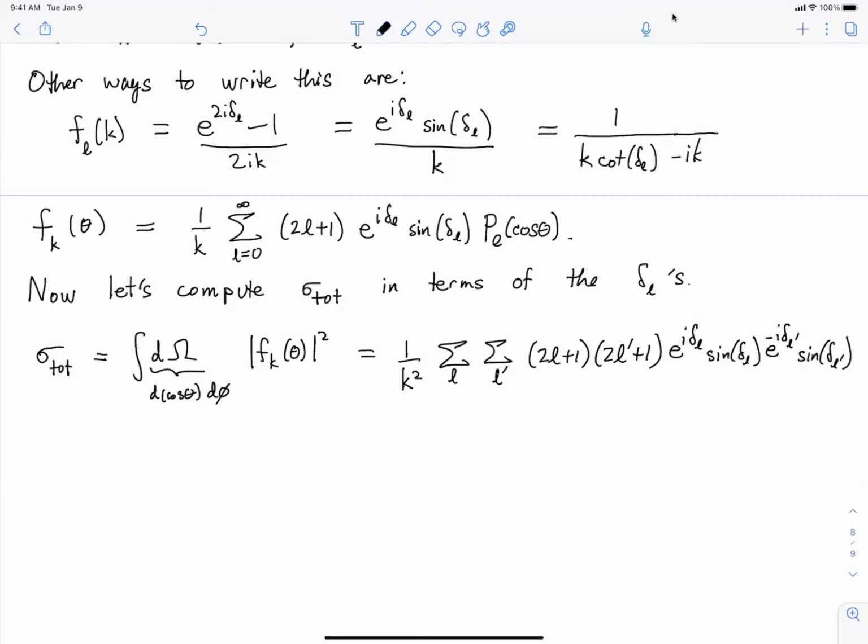Okay, and then I have to do my integrals: 0 to 2 pi d phi, minus 1 to 1 d cosine theta. And the only parts of these things that depend on the angles are the Legendre polynomials. And they're real, so when I take the complex conjugate of them, nothing happens.